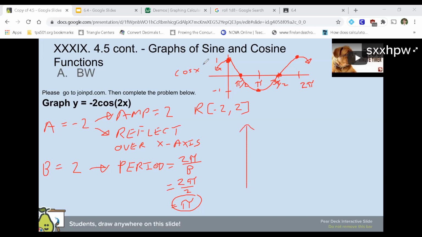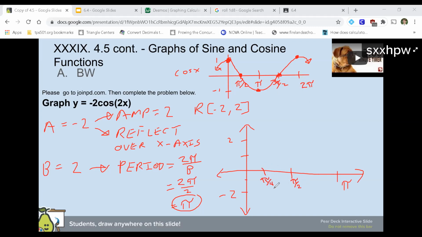Ours is different from that because it's going to go from +2 to -2. And also it's going to end at pi. So again, to find my critical points, I need to break this up into 4 sections. Halfway point would be pi over 2. Quarter way point would be pi over 4.